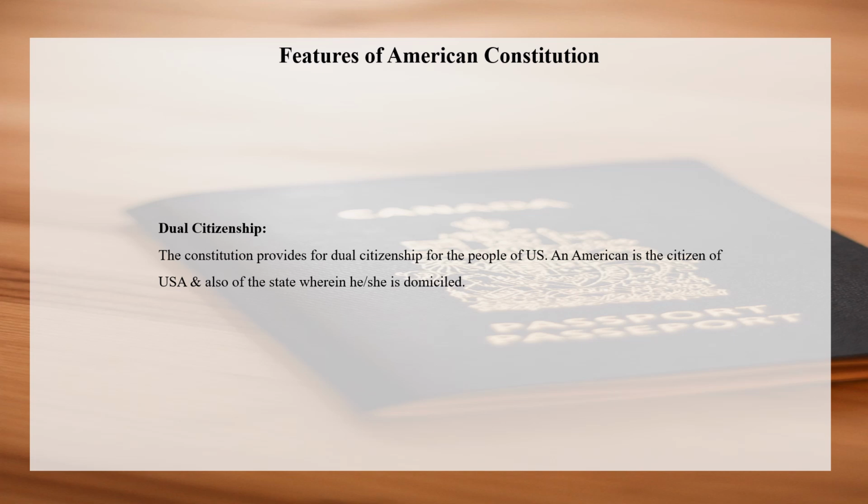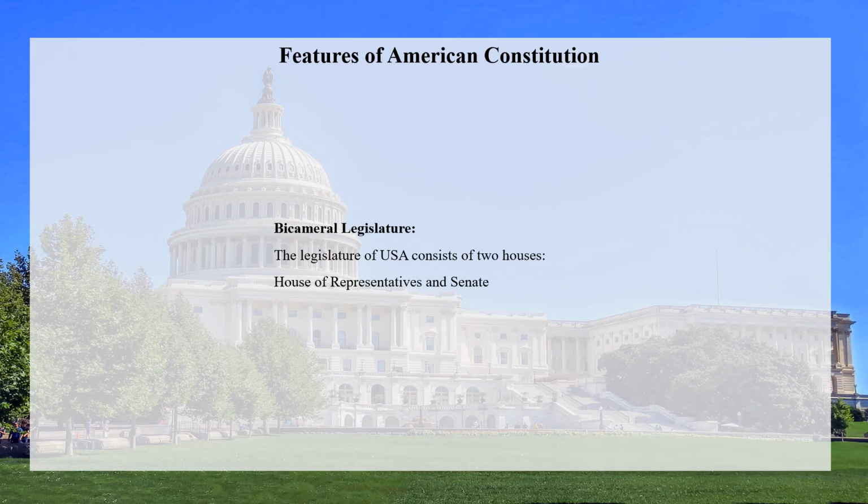Ninth, dual citizenship. The Constitution provides for dual citizenship for the people of the United States. An American is a citizen of the United States as well as of the state wherein he or she is domiciled. 10.